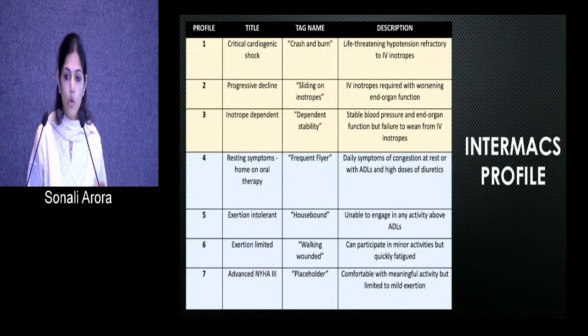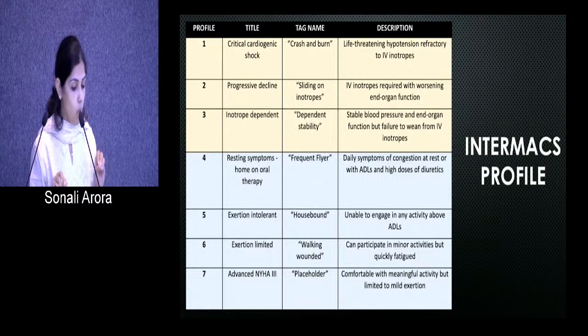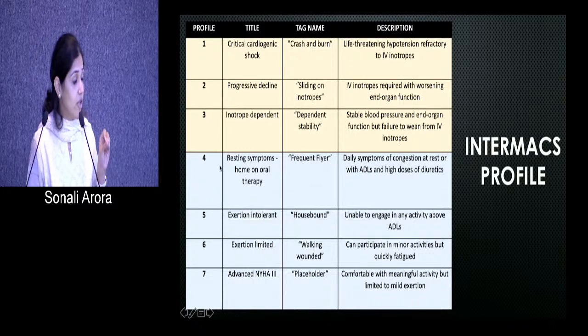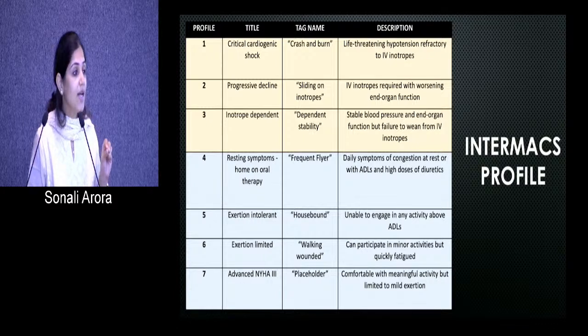These patients don't do well if they're decompensated and you take them for an LVAD or a transplant. The patients who actually do well are 4 and 5. These are the patients who do well after advanced heart failure therapies. But the issue is, again, who will benefit the most and where the risk is the most. So you have to really identify which patients you're talking about.